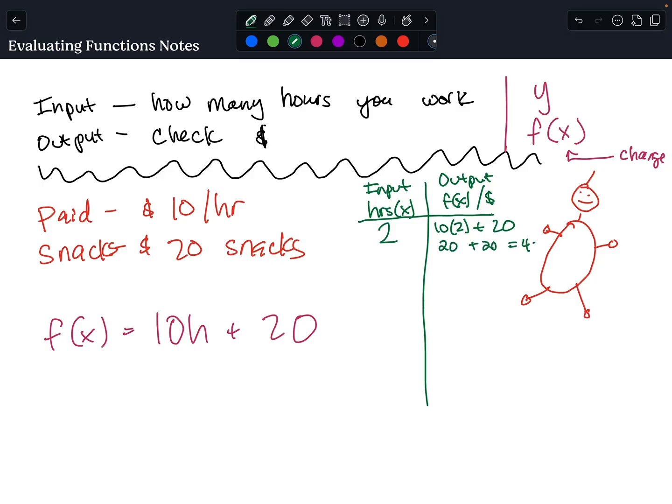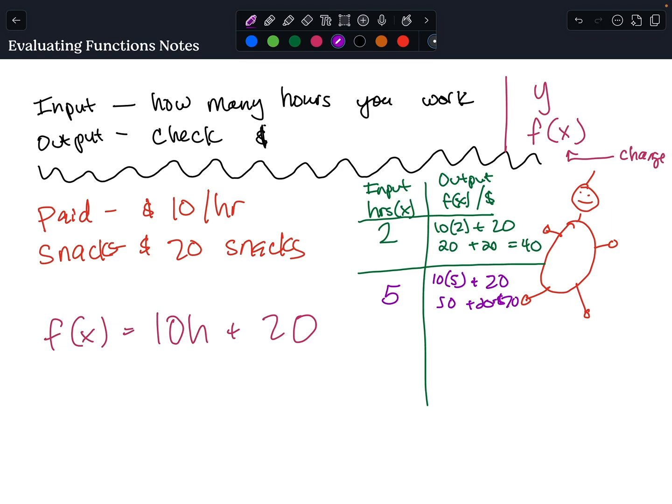That's going to be $40 if you work 2 hours. Let's say you worked 5 hours. So you're going to get your $10 an hour times your 5 hours, plus you're still going to get your $20 for snacks. So you made $50 from babysitting, plus your $20 for snacks, that's $70.